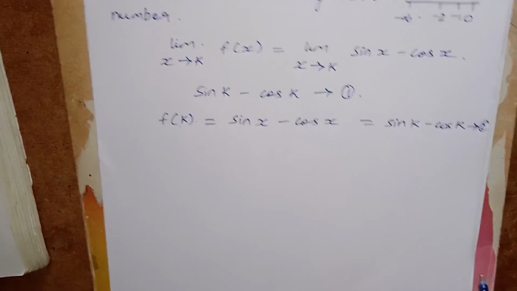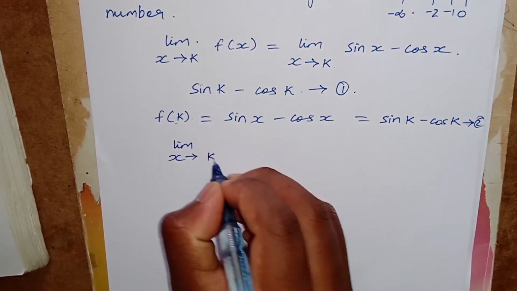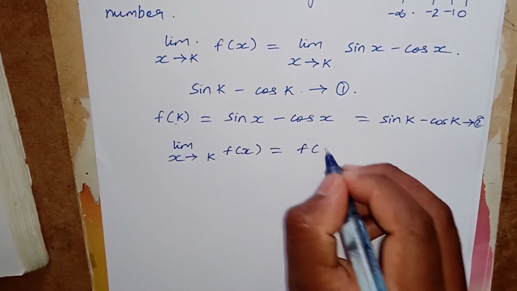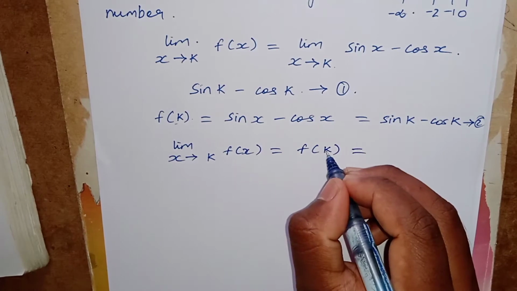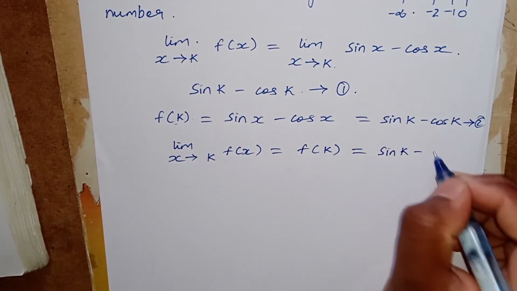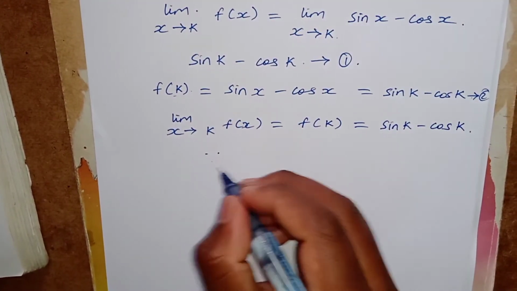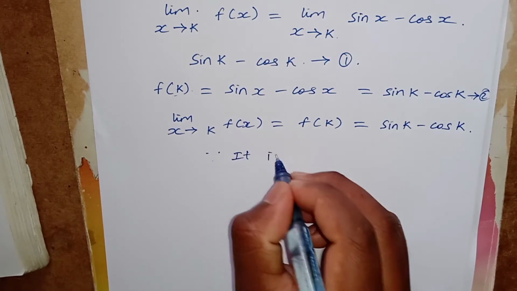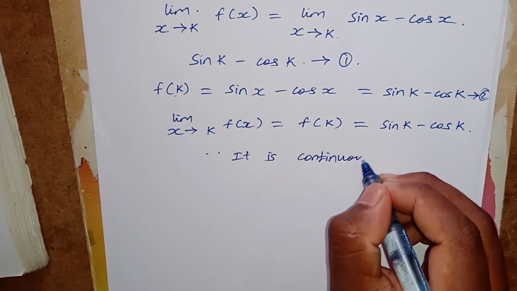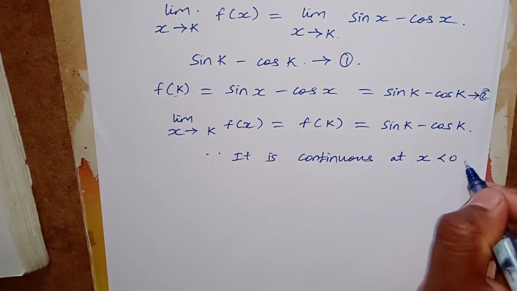Therefore finally limit x tends to k of f of x is equal to f of a, which is f of k, which is sin k minus cos k. Therefore it is continuous. It is continuous for x less than 0.